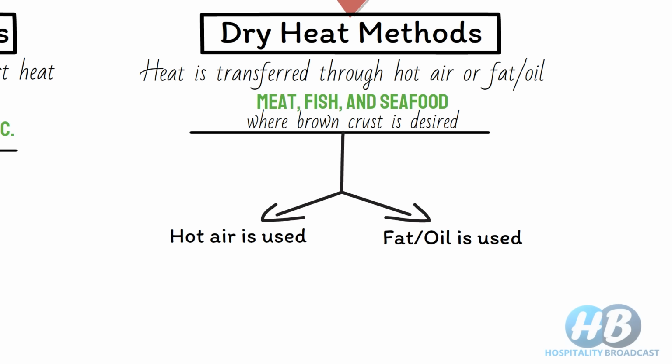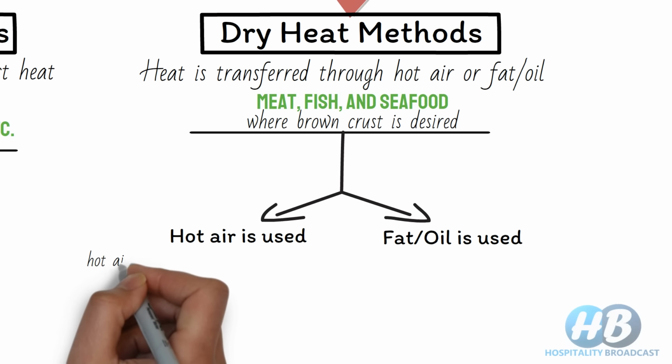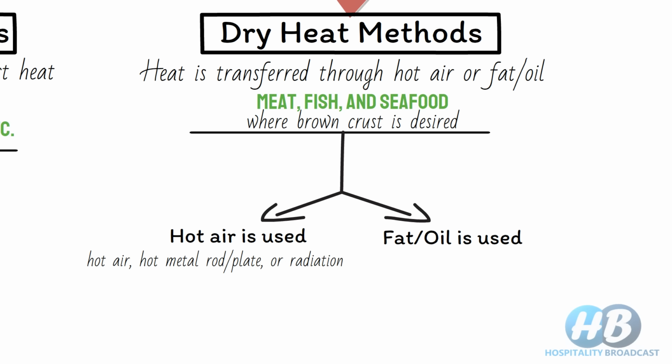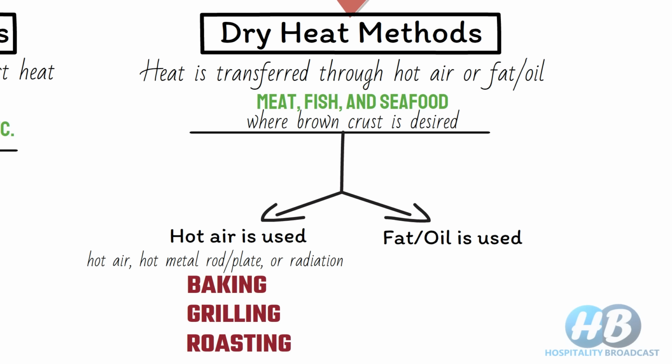First, let's take into account the method using dry heat or hot air. In this method, hot air, hot metal rod or plate or radiation is used to cook the food. For instance, baking, grilling and roasting. Baking.